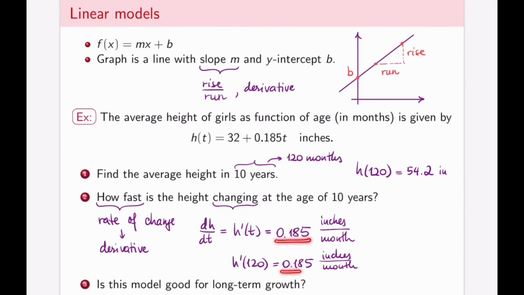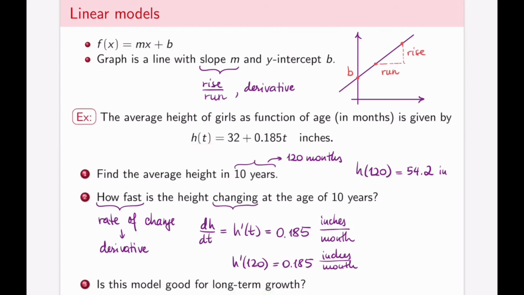So this means that as far as this function is concerned, the rate of change is constant for the entire time of the growth, which of course begs the question, is this model good for long-term growth? If it's constantly increasing at the rate of 0.185 inches per month, can we say that this is something that we can track a female height at for, let's say, 90 years?